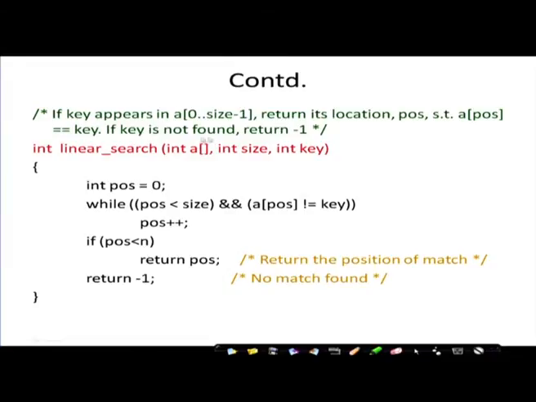Now, if the key appears within this limit, then I will return the pointer pos, otherwise I will return minus 1.